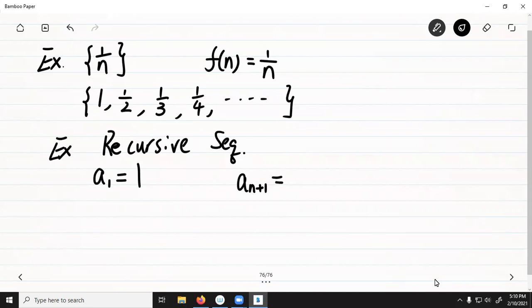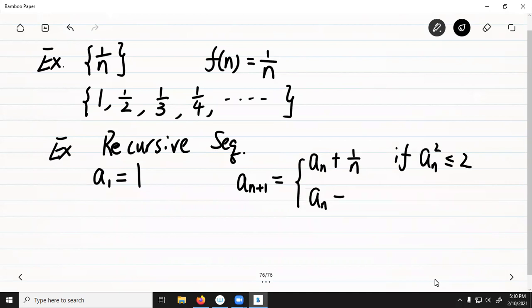The cases are: a sub n plus 1 over n if a sub n squared is less than or equal to 2, and a sub n minus 1 over n if a sub n squared is greater than 2.